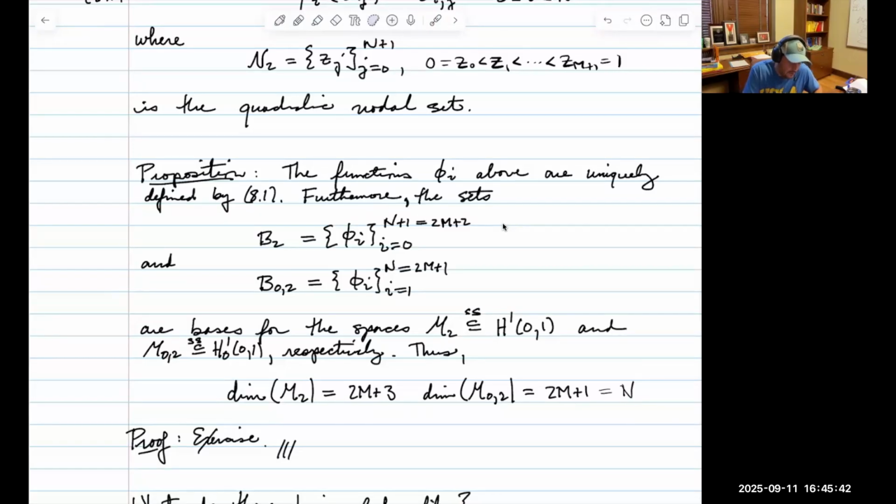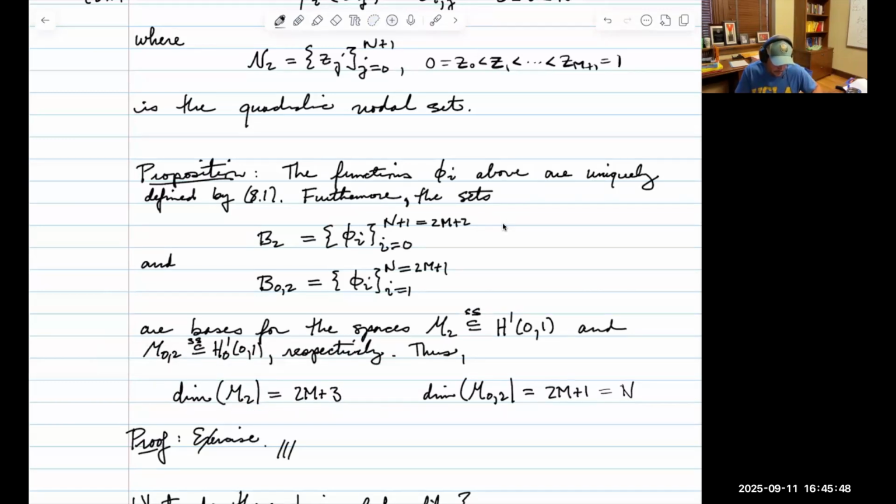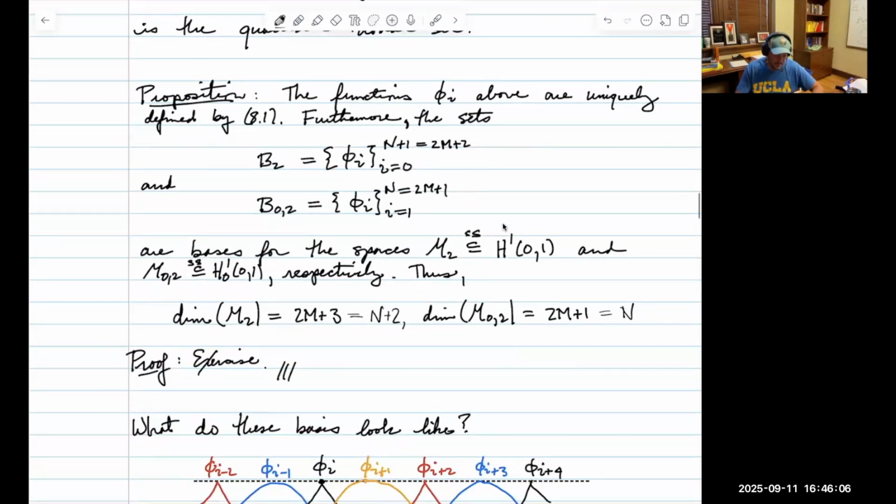I can symmetrize that by saying this one is n plus 2, right? Yeah, n plus 2. There we go. All right, that's by design.